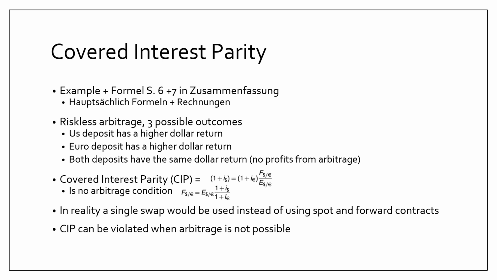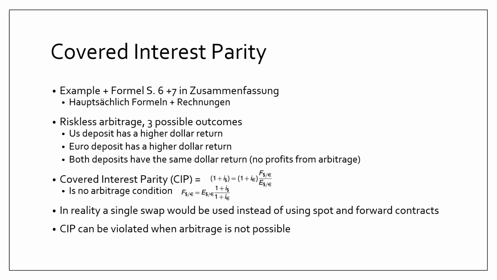Let's take a look at the covered interest parity formula. What if equality didn't hold? Suppose LHS is smaller than RHS. Given E dollar per euro, no investor would want to hold USD deposits, and all investors would want to hold euro deposits.